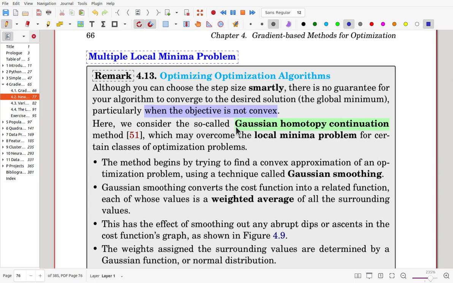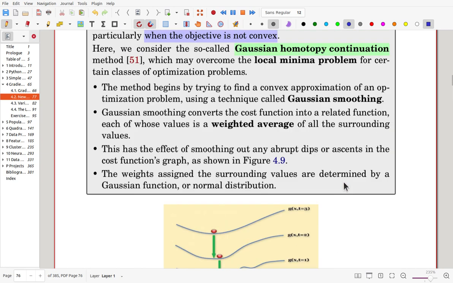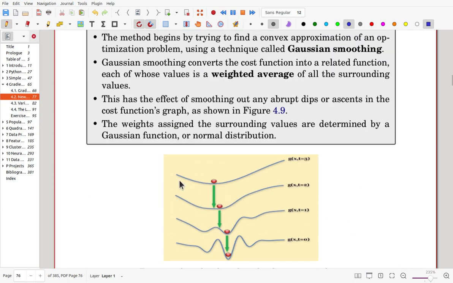It is a kind of frequency continuation. Now, this Gaussian smoothing is along with weighted averaging, and that's the reason it's called Gaussian smoothing. Here, the values for each point will be averaged by using surrounding values. And if you use more values, then you can get a smoother objective function, and then a less smooth objective function.